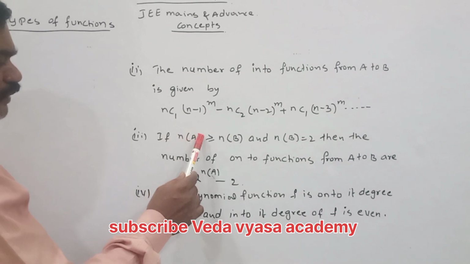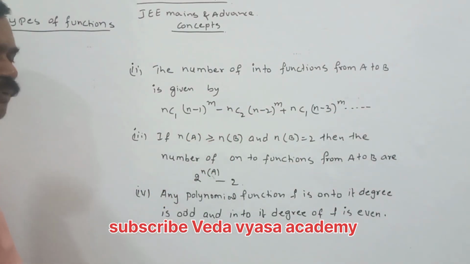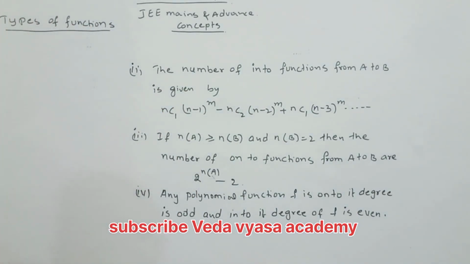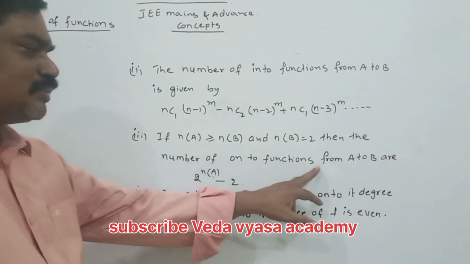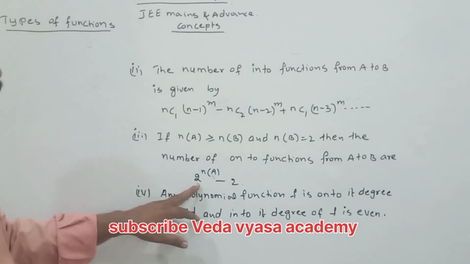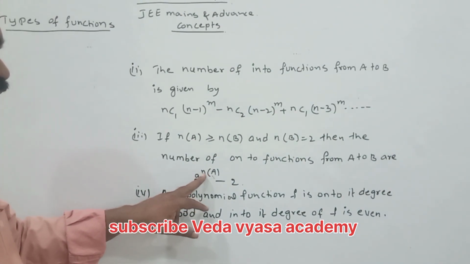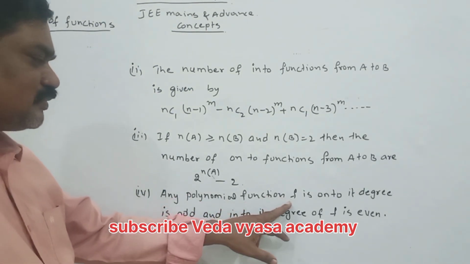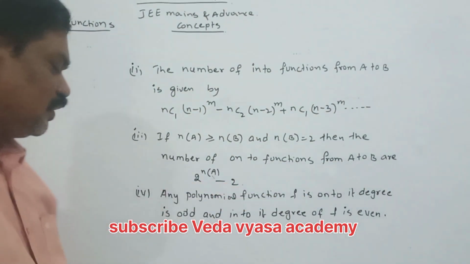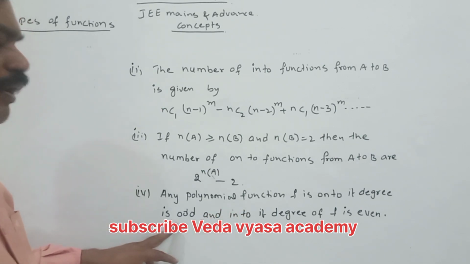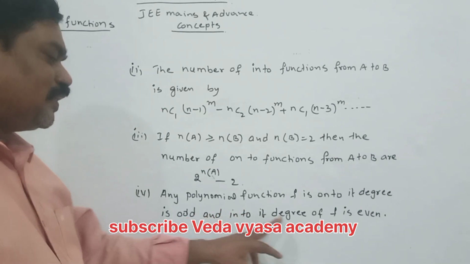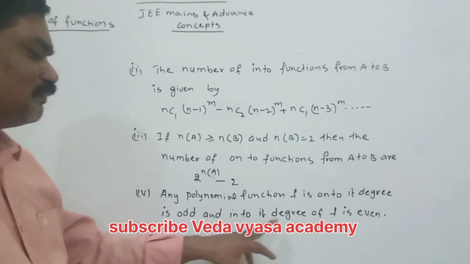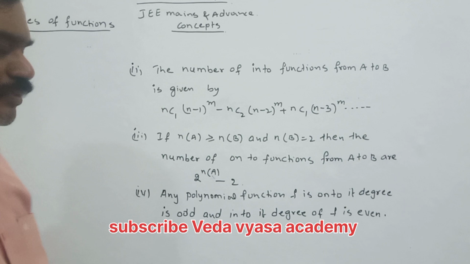If n(A) ≥ n(B) and n(B) = 2, then the number of onto functions from A to B is 2^n(A) - 2. For polynomial functions, f is onto if the degree is odd, and f is into if the degree of f is even.